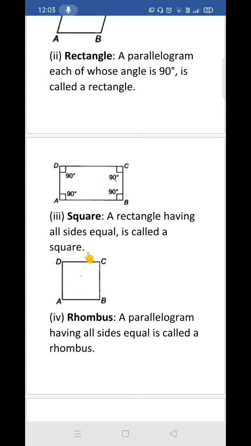Why did they mention a rectangle here? Because it satisfies both conditions of the rectangle: it is a parallelogram, the opposite sides are parallel to one another, and all the angles are equal to 90 degrees. Then one more thing is there, all sides are equal. Here you can see AB, BC, CD and AD are equal to one another.